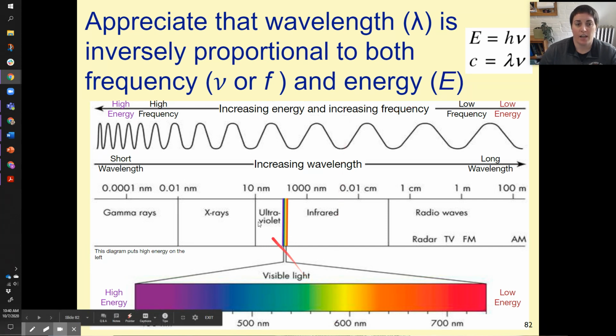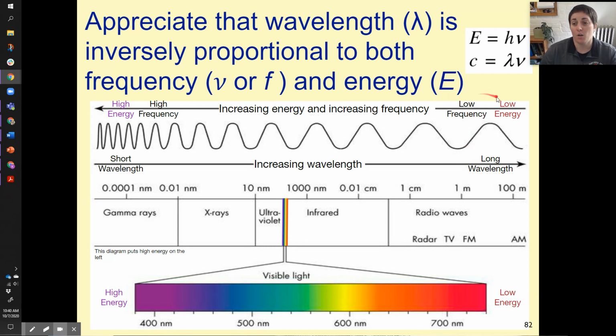This image kind of gives us a visual depiction of wavelengths. So if there's a very low frequency, there's going to be a low energy. Frequency and energy are directly proportional, but those are inversely proportional to wavelength.